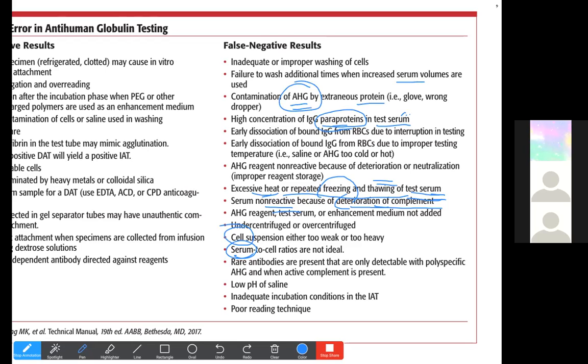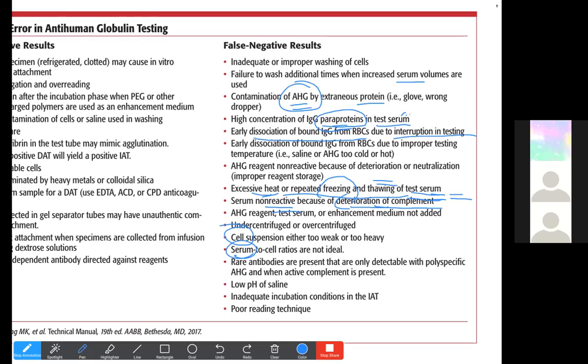And then also the timing of the testing is important. First of all, when the serum is drawn, it should be tested immediately with AHG, otherwise the depletion of the complement can occur. And also if there is interruption in testing, there can be a dissociation of bound IgG from the RBCs.